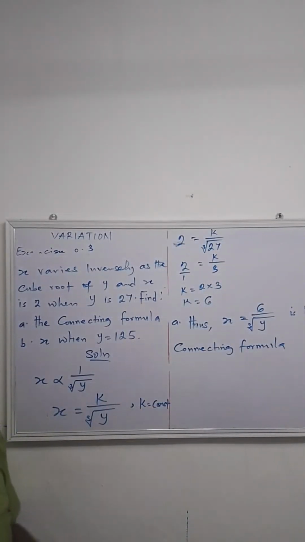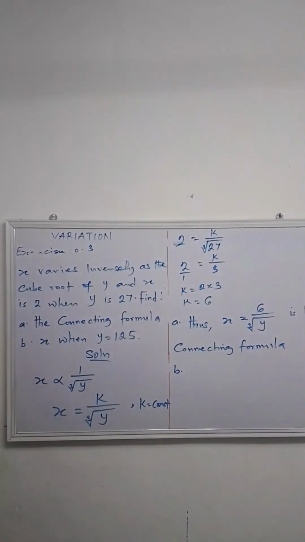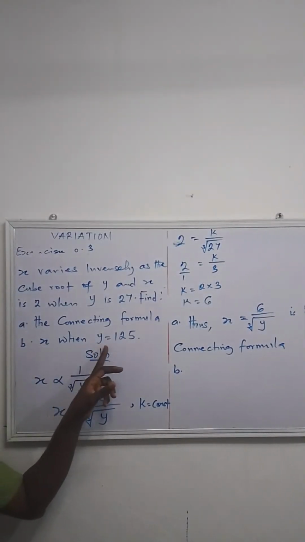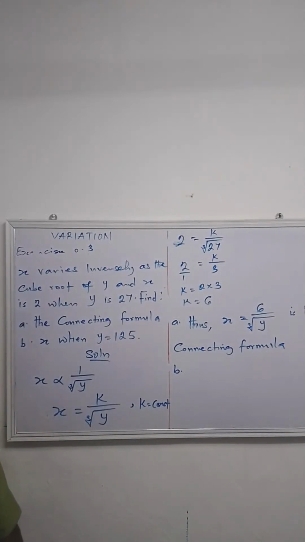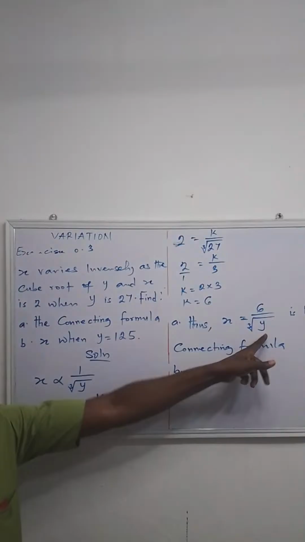It's as simple as what we have there. Now can we move on? Let's do the B part of the question. The question says find x when y is 125. We want to get the value of x, so let's plug the value of y into this equation.